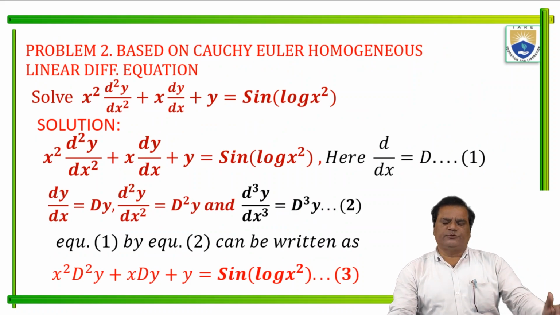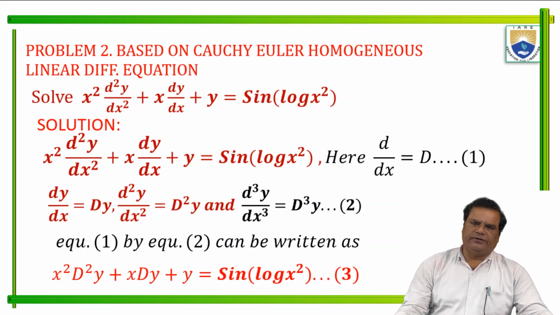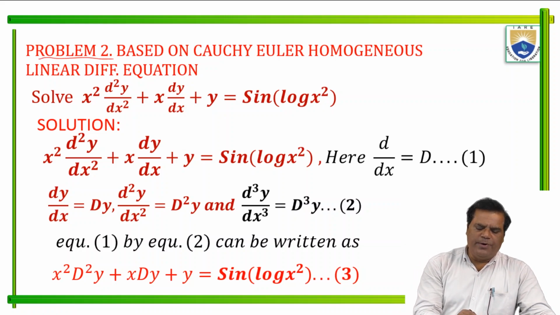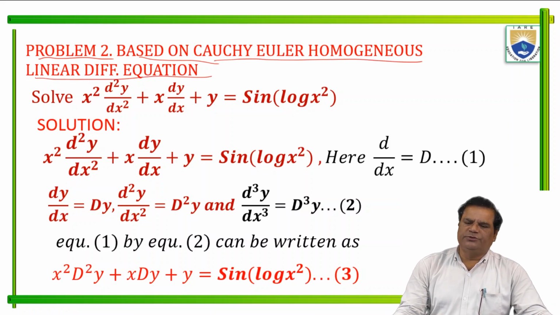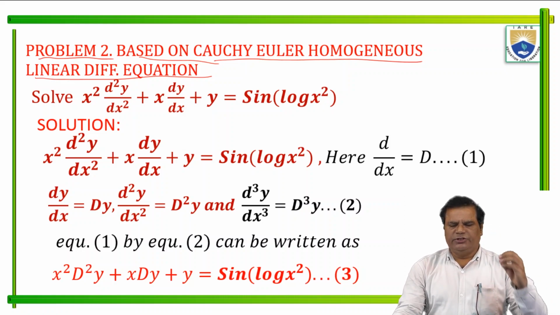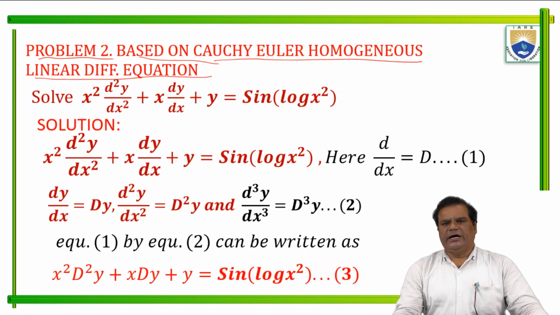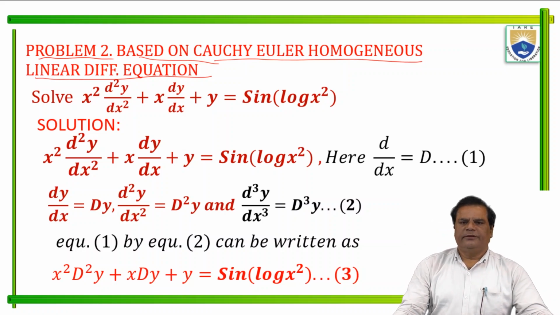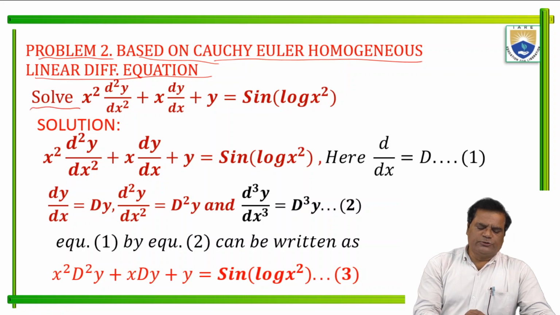One problem we solved in our last lecture, but this is problem 2, based on the Cauchy Euler homogeneous linear differential equation. You should understand this problem thoroughly. I want to discuss the solution of this problem thoroughly. So solve, what is the question?